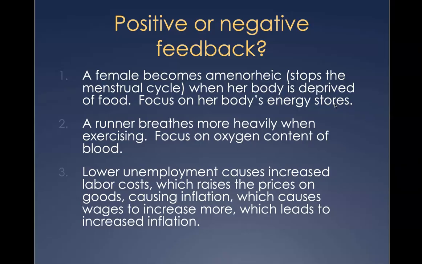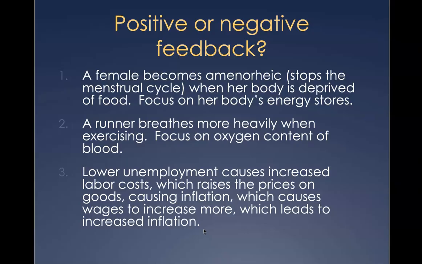And then this is just kind of a silly example, but it's because there's not very many examples of negative feedback or positive feedback in the body, sorry. So again, this is negative feedback, negative feedback. This is the only example of positive feedback here. It's not my favorite. Again, lower unemployment causes increased labor costs, which raises the prices on goods, causing inflation, which causes wages to increase more, which leads to more increased inflation.